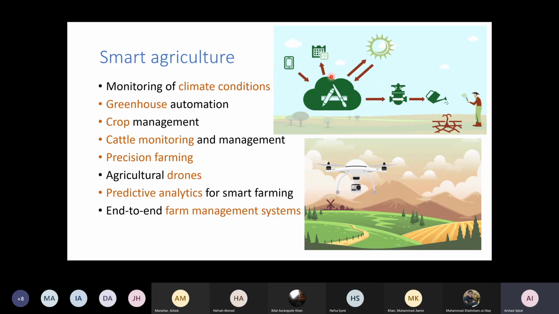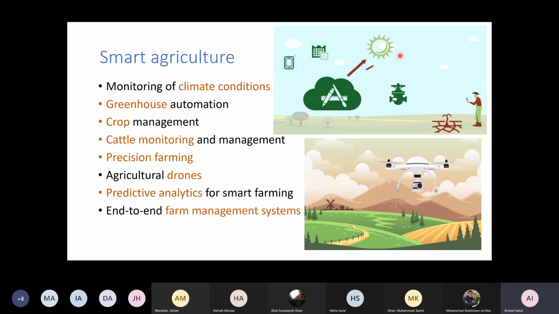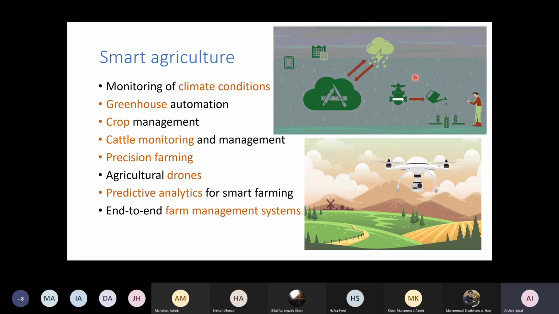If you could see these graphics, there is a farmer who has a smartphone which shows the environment and the analytics provided by the AI system, and based on that, the system controls the water management system, and that's how the crops are provided with water and additional required materials.